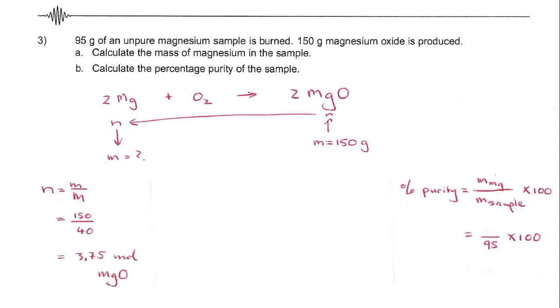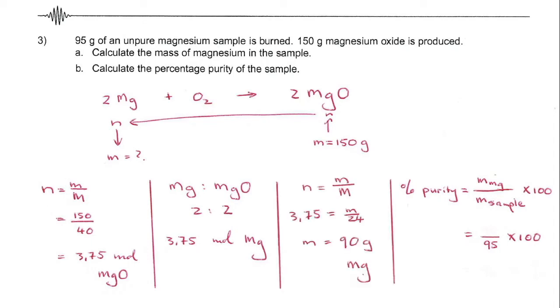So we're starting off with the produced magnesium oxide and work out the number of moles. Then we will have to convert back to magnesium. So the ratio is 2 to 2, and that tells me how much magnesium reacted in moles. And then I'm just going to convert to mass.